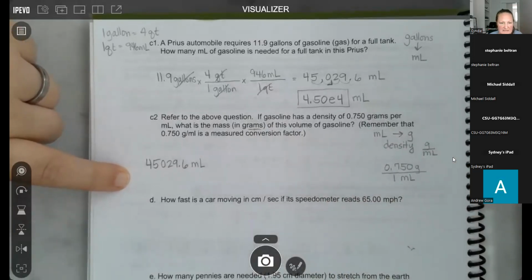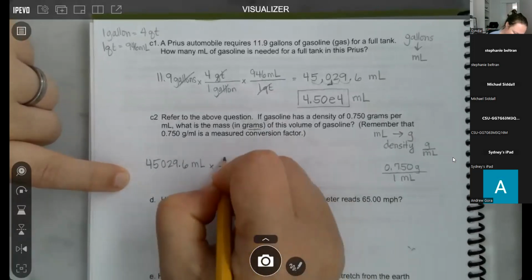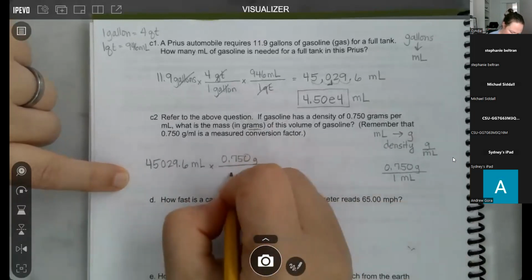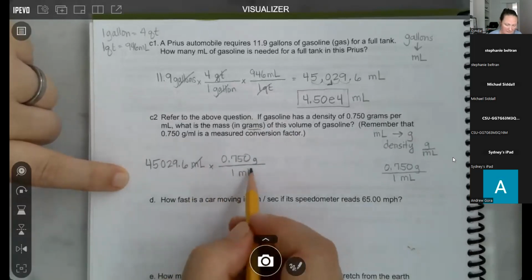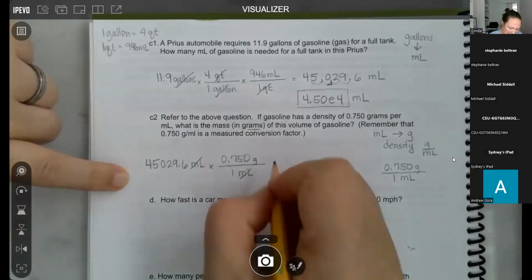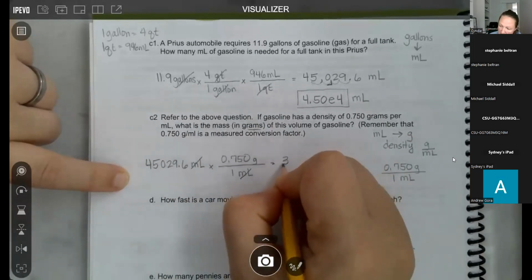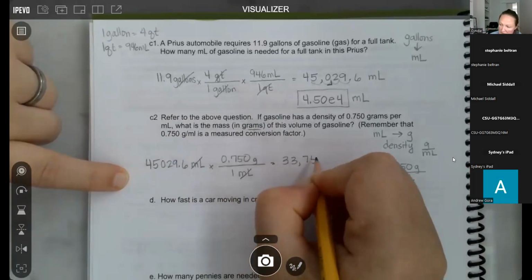So we can use that density as a conversion factor. We're going to put the grams in the numerator and the milliliters in the denominator so that they cancel, right? And then we can multiply that out.